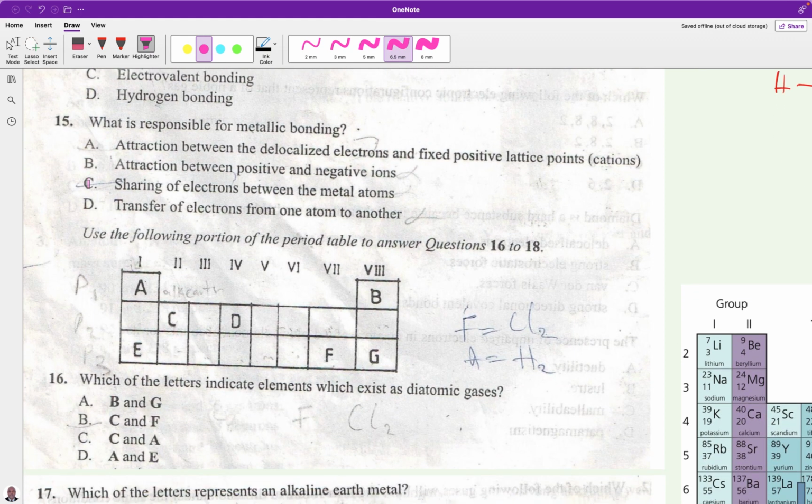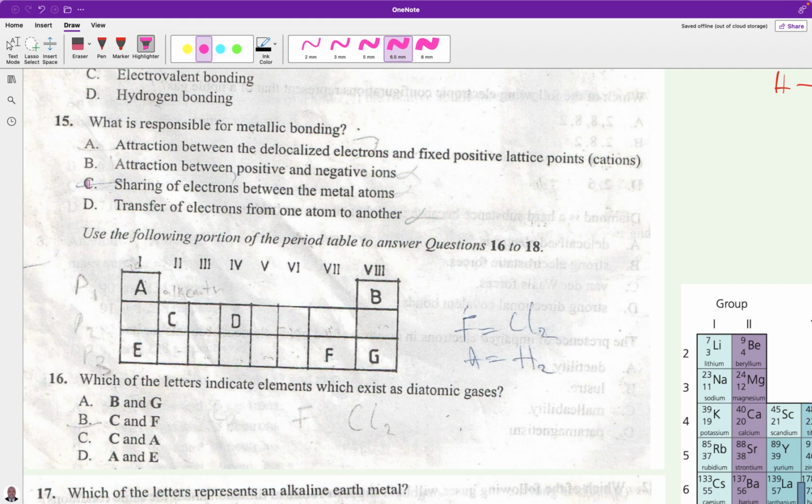Question number 15 has to do with what is responsible for metallic bonding. In metallic bonding, you should know what happens.